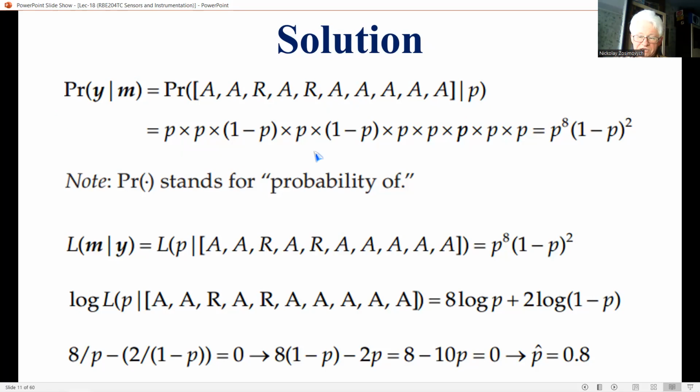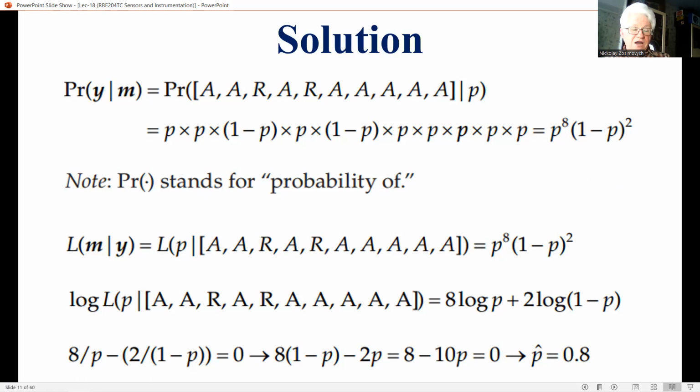After transformation, we can get the final simple expression P to the power 8 times in brackets (1 minus P) squared. Pr here stands for probability of. And this first big equation is also a likelihood function.